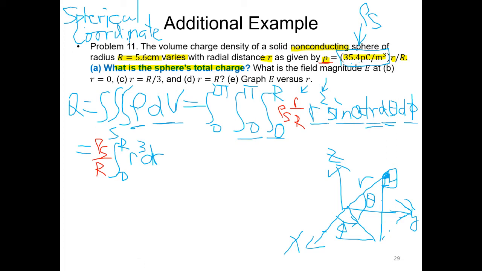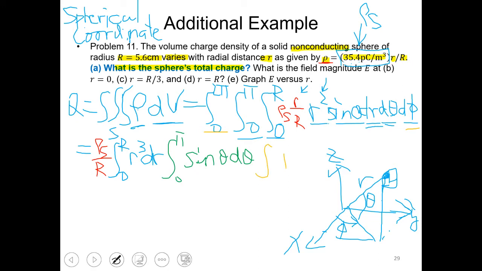So actually we can write it as 0 to pi sine theta d theta. And the next part will be d phi. We have no phi, which means we integrate 1 d phi from 0 to 2 pi. So this integration will be easy because you can separate them one by one. If they are mixed together, then you cannot just simply separate them.